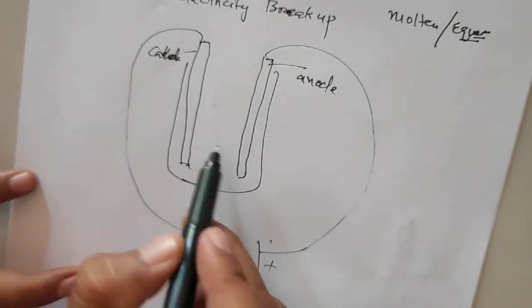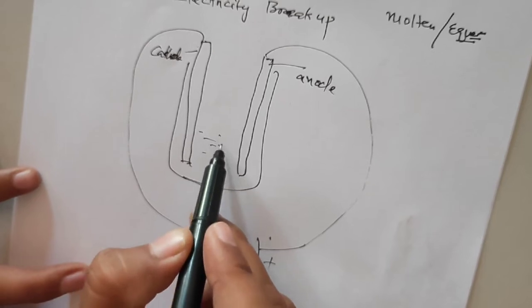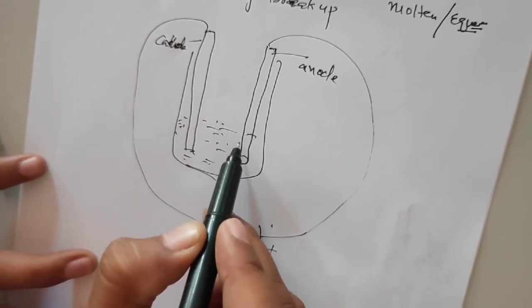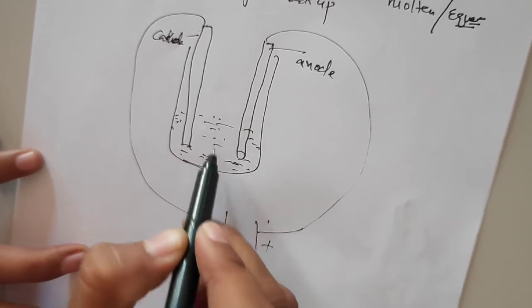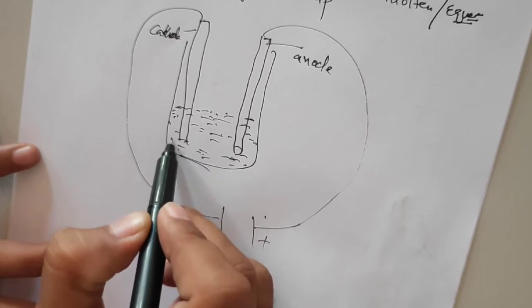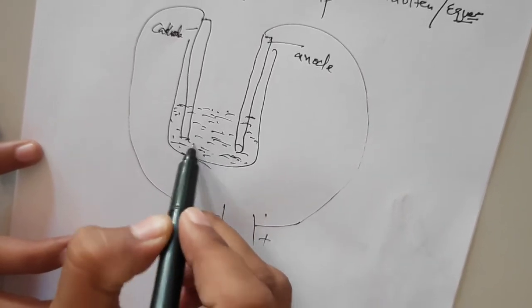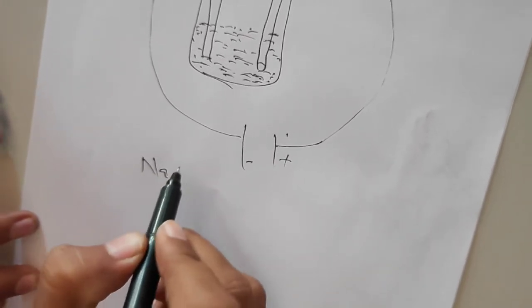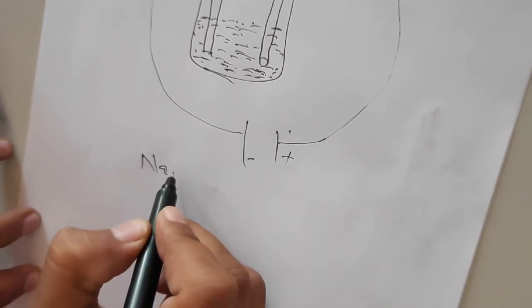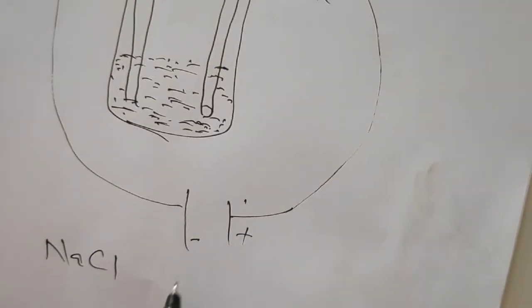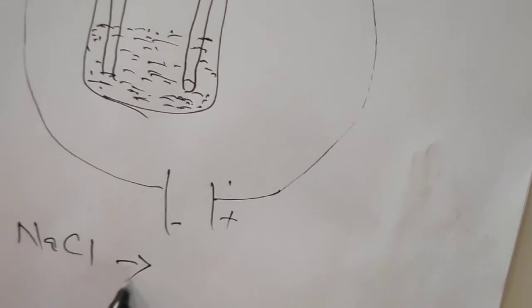Here we fill the electrolyte solution, which electrically conducts. First of all, we do not connect the electricity, so the whole solution will be neutral because all the ions are here equally. Here we take NaCl.